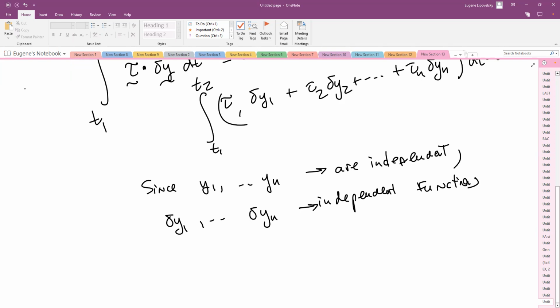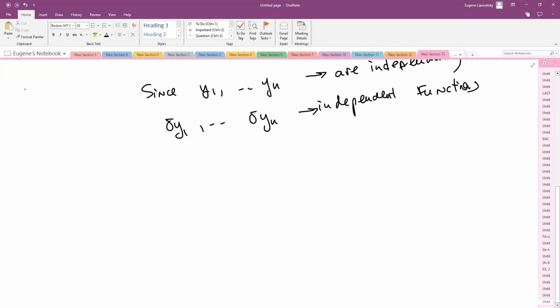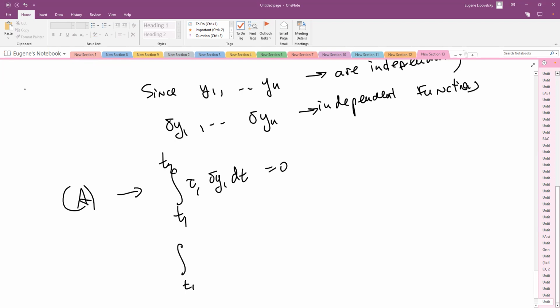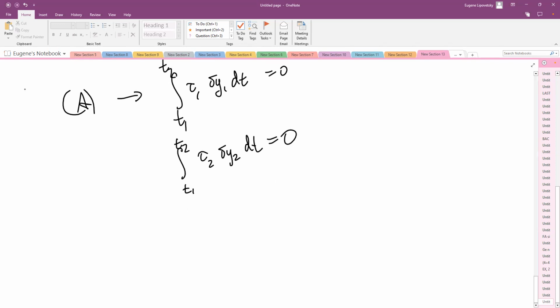Therefore, this star condition, since they're independent, in fact means the integral of tau 1 delta y1 dt from t1 to t2 is 0, the integral from t1 to t2 of tau 2 delta y2 dt is 0, and etc. until the nth term. So in other words, we vary these variations independently for each subscript.